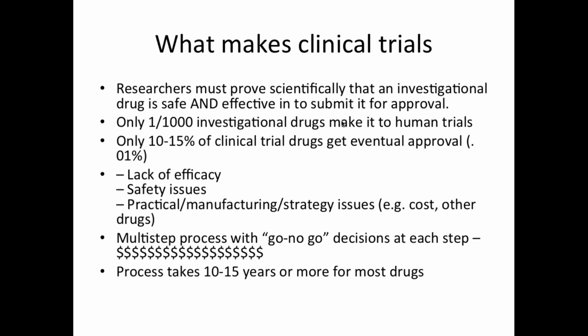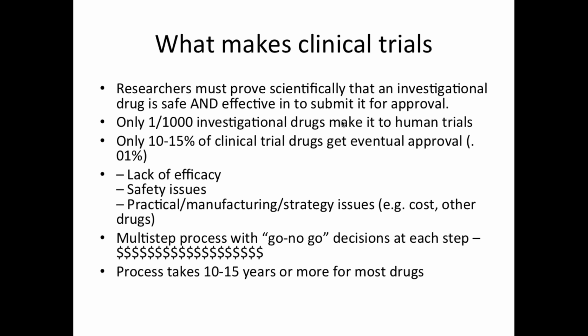Only about 1 in 1,000 investigational drugs, and that's from the preclinical phase to the approval, will actually make it to human trials. And only about 10 to 15% of clinical trials across the board will eventually get approval. This is because there are various reasons why drugs might not reach approval, and that's if it doesn't work, if there's safety concerns.